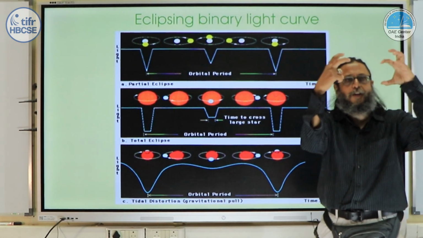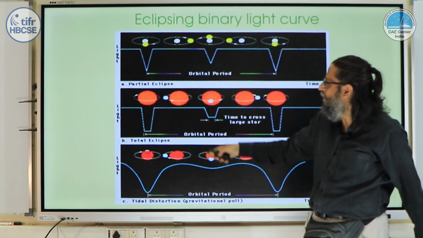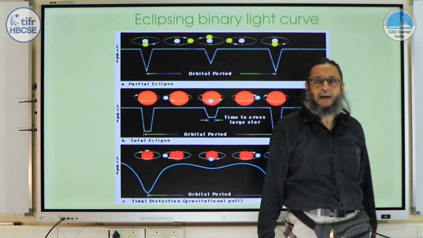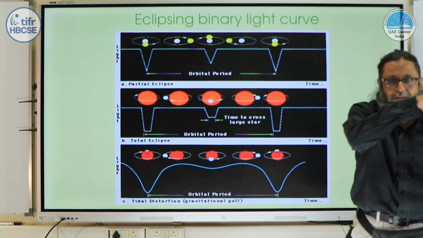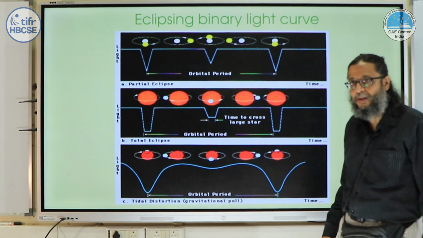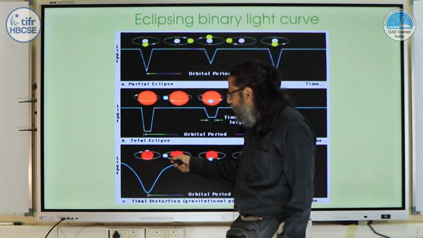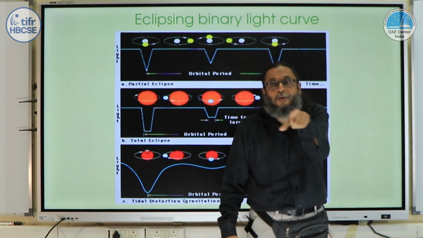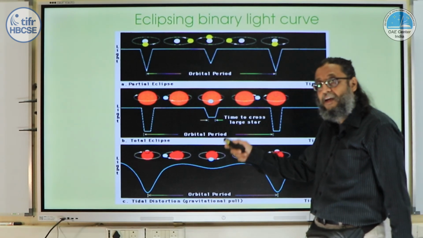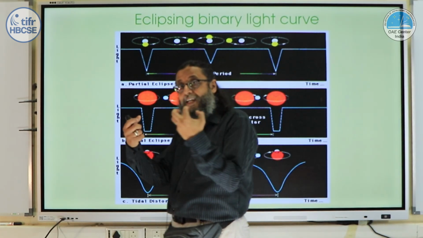If there are two spherical shapes crossing each other, then you see a very discontinuous eclipse happening. When it becomes more curved in nature, that means the shape is deviating from the circular shape. That happens due to the tidal nature.